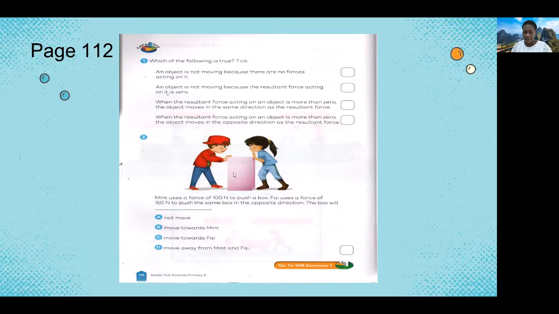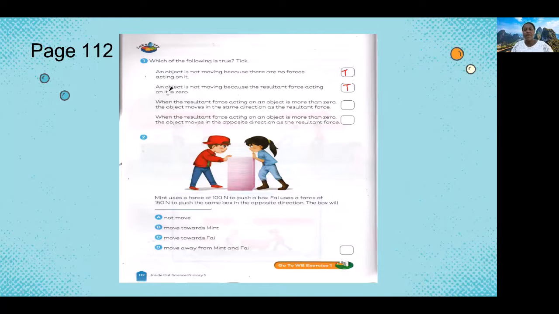My computer is misbehaving. We have said this one is true, and this one is true. I wanted to show you something, but my computer has misbehaved.